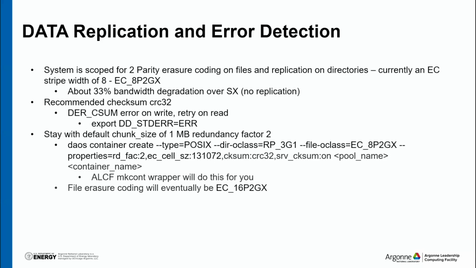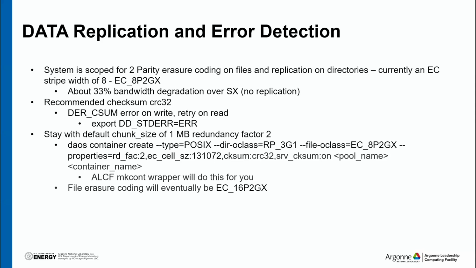In addition to that, there are other parameters you can set when you create the container that will enforce having a parity level of 2 with the optimum amount of replication. So it's the container create command, type is POSIX. There's a directory class of RP_3G1, which basically says make 2 exact full copies of the directory structure.